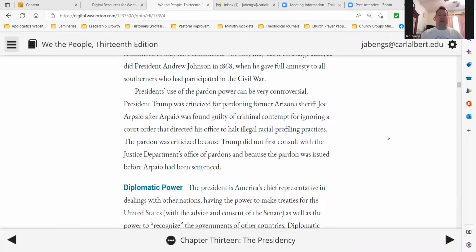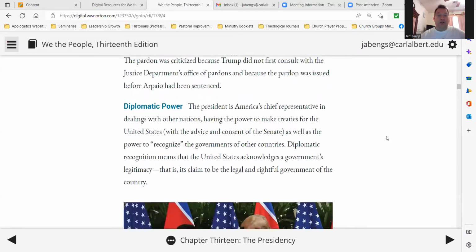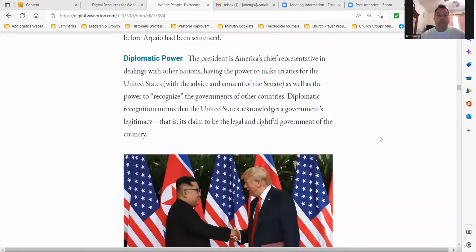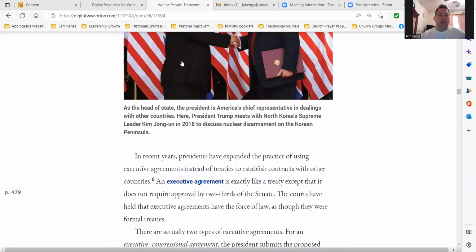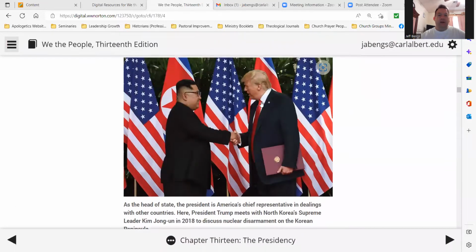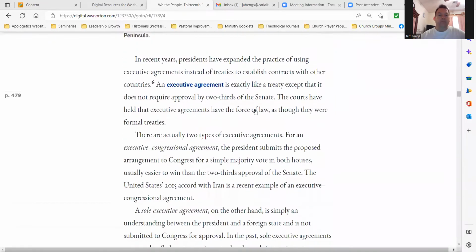So those are some examples of presidents using their judicial power. All right, we already touched on diplomatic power with the example of Trump and Kim Jong-un.